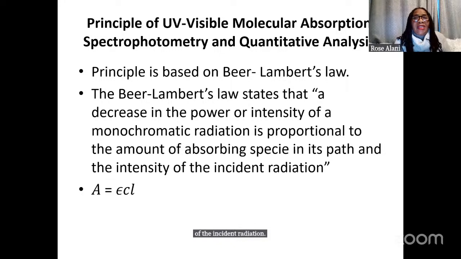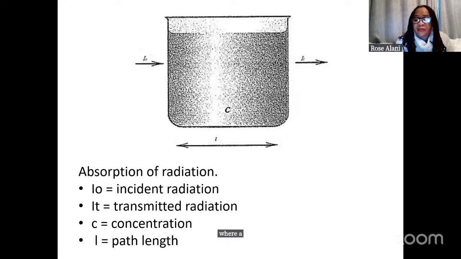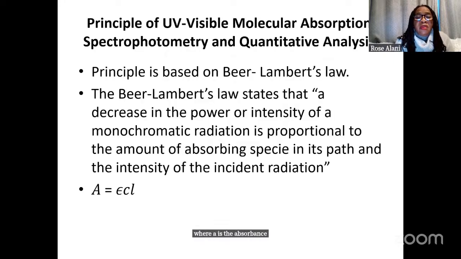That is given by this relationship: A is equal to ECL, where A is the absorbance, E is the extinction coefficient, a constant, C is the concentration, and L is the path length. In this case, it is the length of the cuvette, and mostly we use 1 cm.